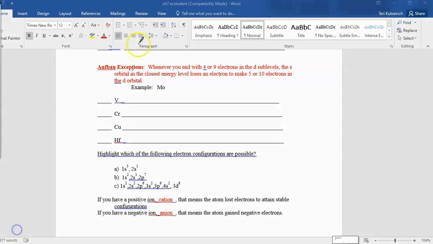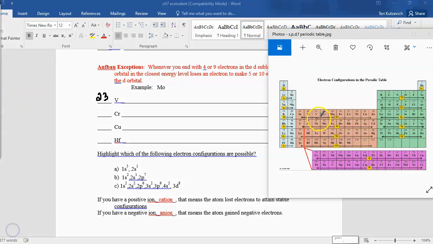Okay, let's begin. Vanadium has 23 electrons, and just like we always do, you start at the beginning of the periodic table. So it's right here, and you know this is your S block, your P block, your D block, and your F block down here. And then we have 1, 2, 3, 4, 5, 6, 7. D's are always one less of what we think. F's are always two less.